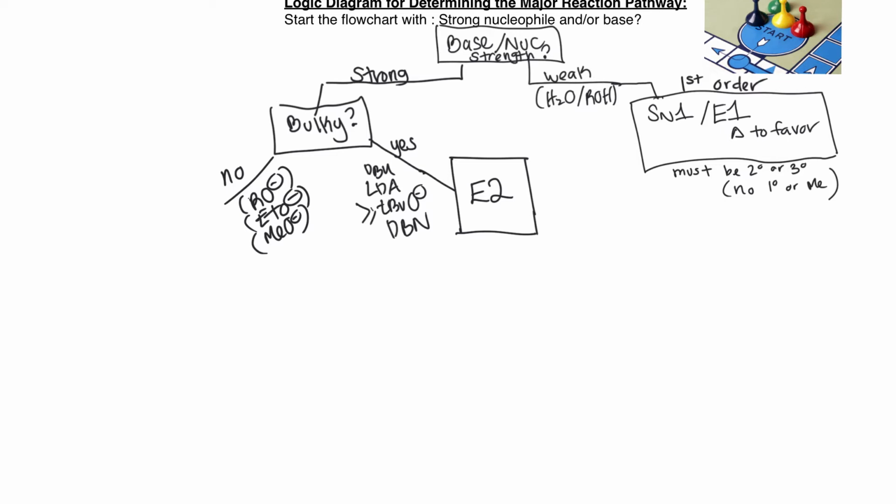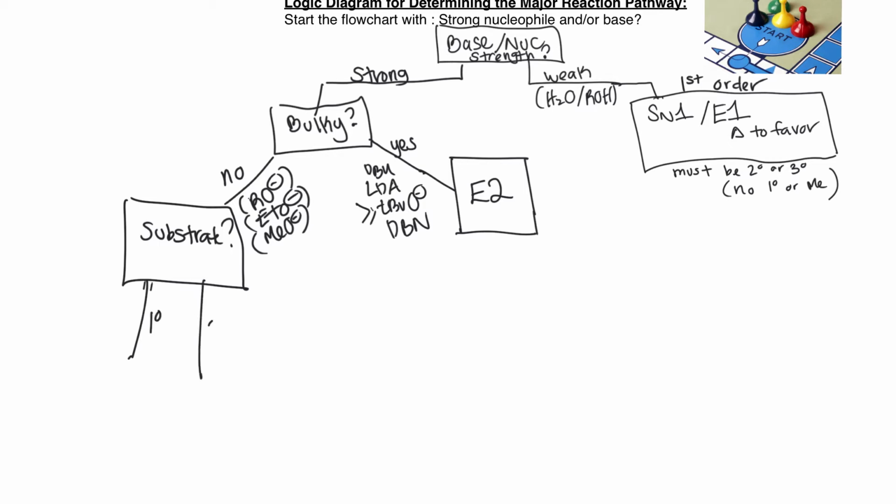So we cannot judge whether it's substitution or elimination yet. We have to start looking at the next thing. We have to look at the nature of the substrate. In other words, is the substrate primary? Sorry, my pen is going slow. Here we go.